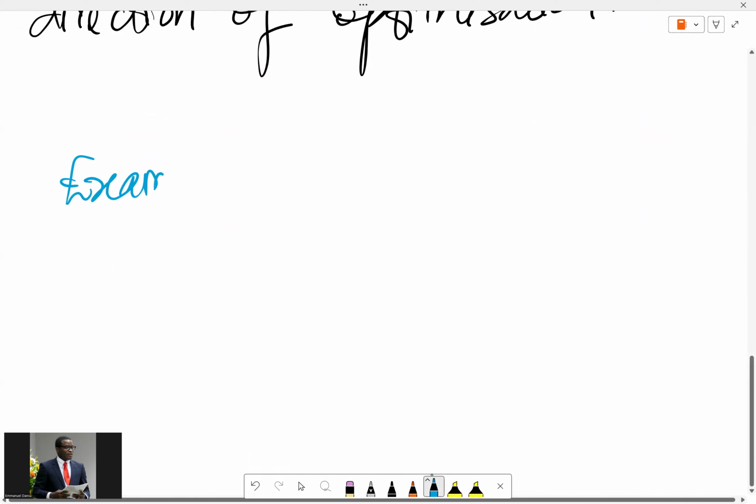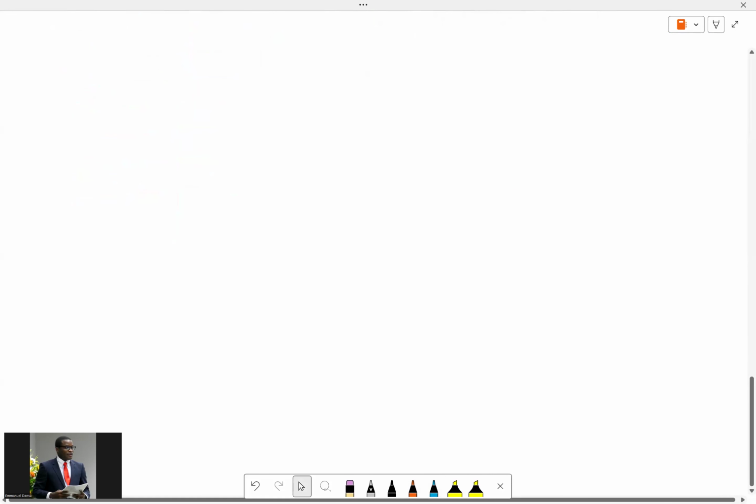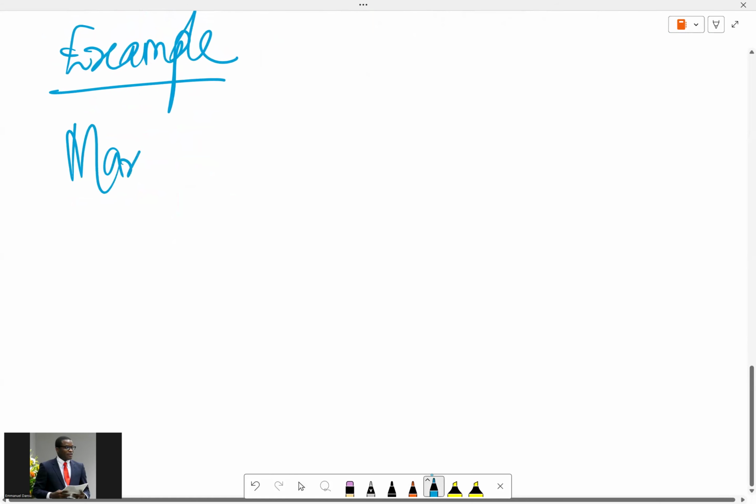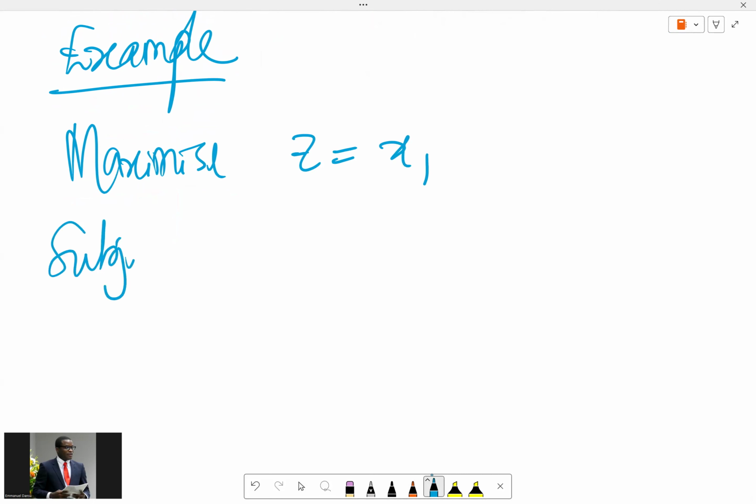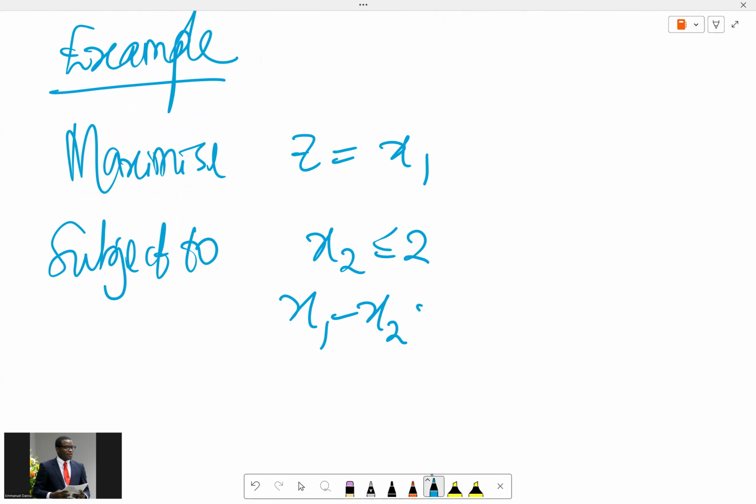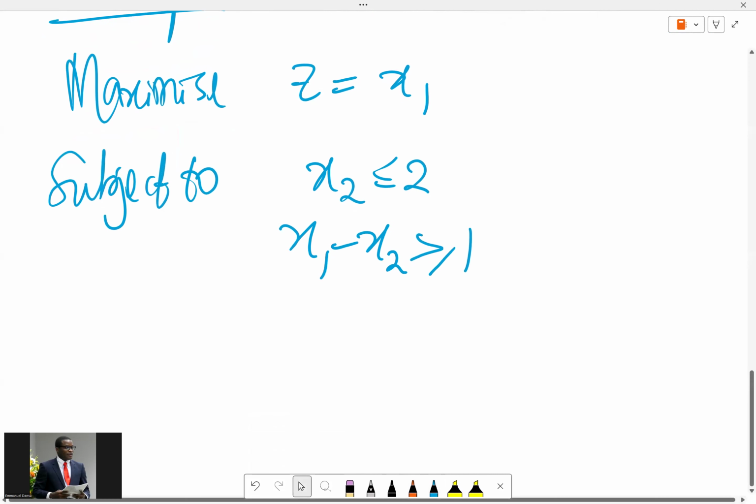Example, imagine that you need to maximize z equals x1 subject to x2 is less than or equal to 2, x1 minus x2 is greater than or equal to 1, with the non-negativity constraint that x1 and x2 are both greater than or equal to 0.